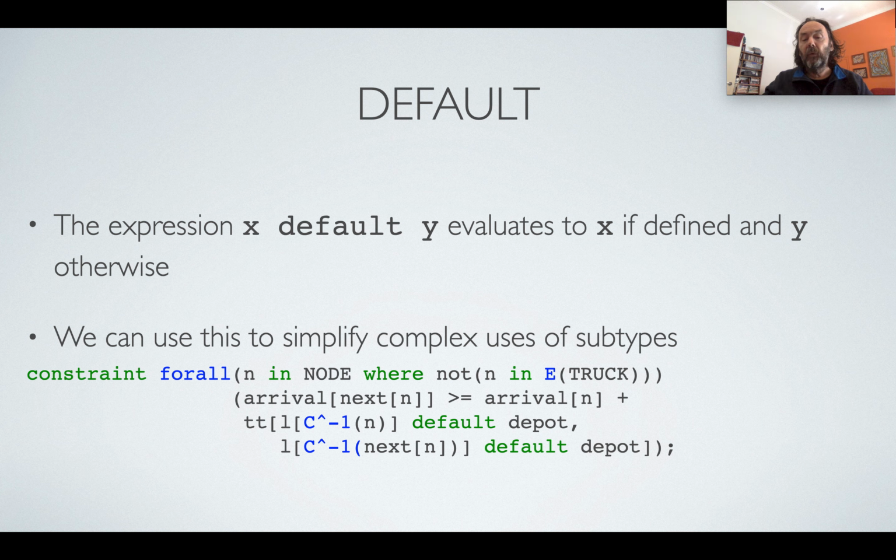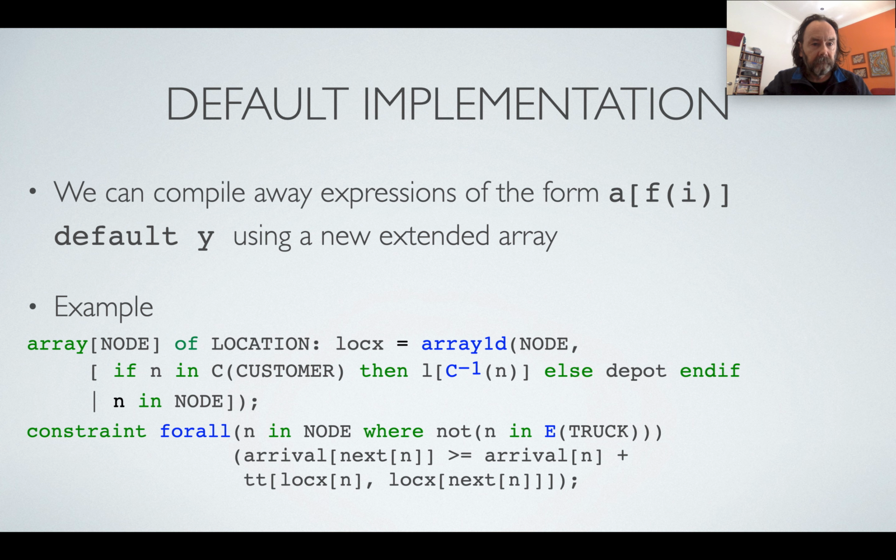And so we get a much more succinct expression, and in fact, it compiles to essentially the same code as we've written by hand. But we can compile it in a better way if we have these kinds of expressions. So an array lookup of some function which might be undefined, default y, can be compiled just by building a new extended array. An expert modeler for this problem might have used this locationX array, where we map each node to its location.